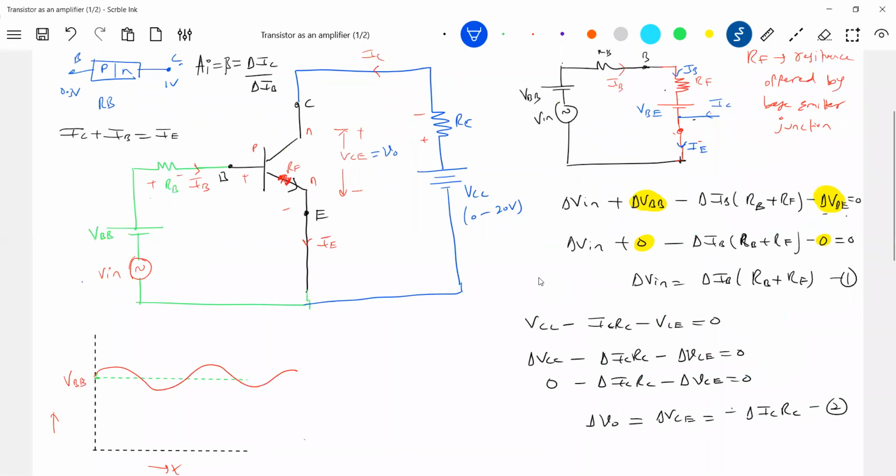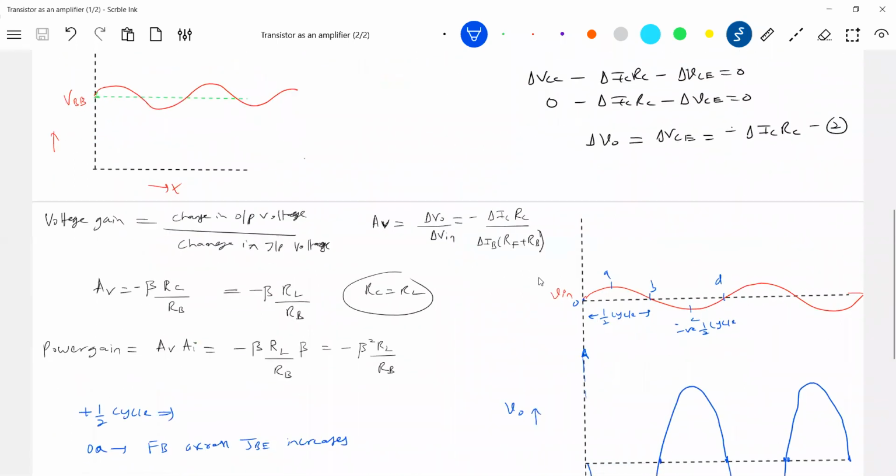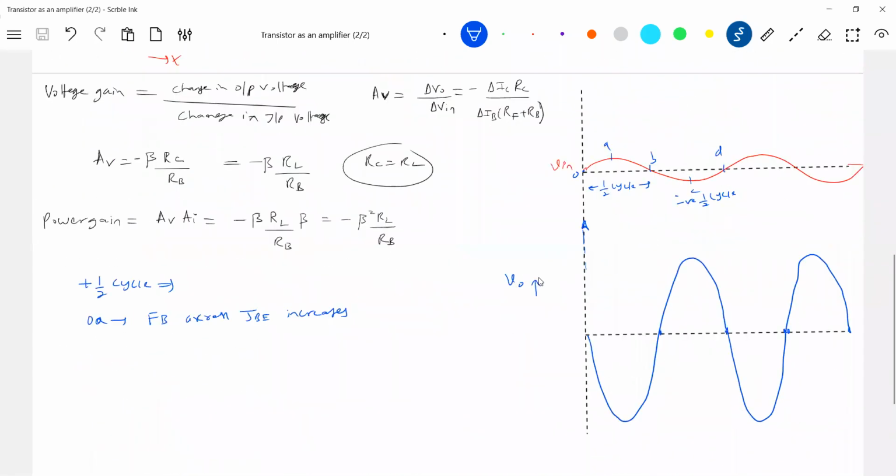Go back to the diode. Already forward biased; if you add a small voltage, the current will increase by a small amount. If the forward bias increases, then the forward current should also increase. So IB will increase. Then we know beta equals IC by IB.